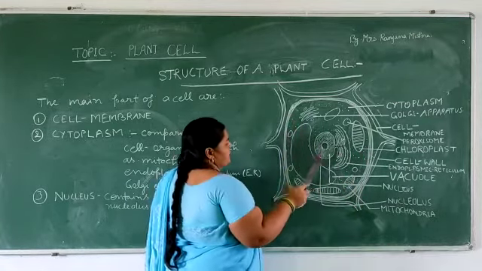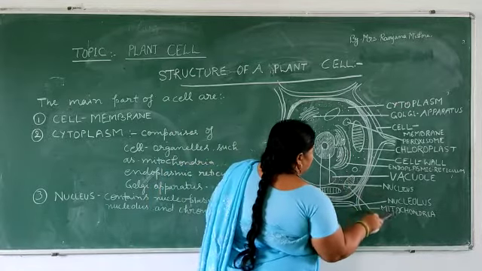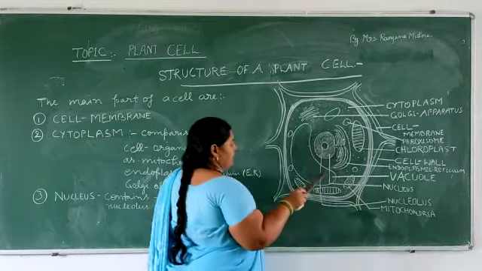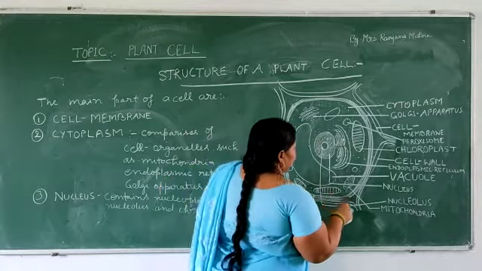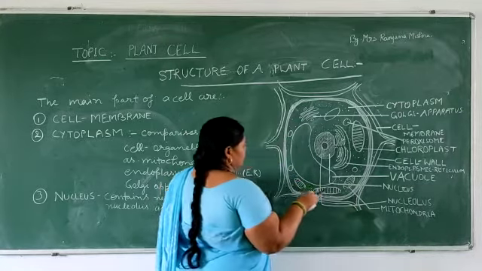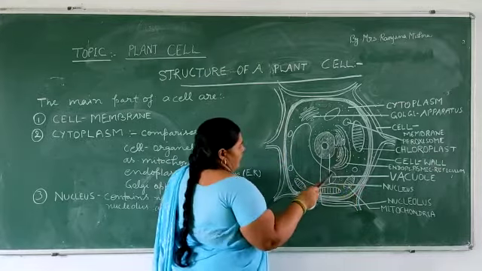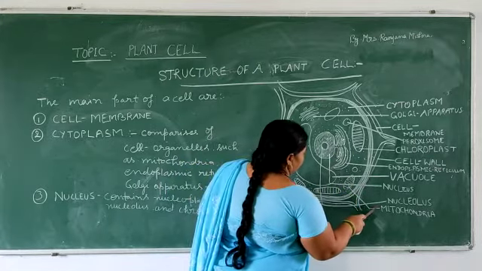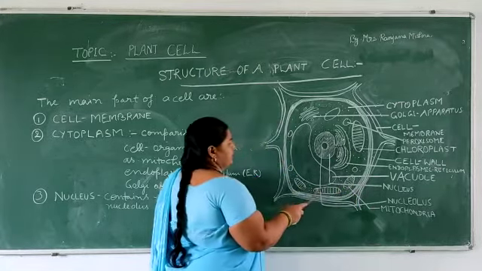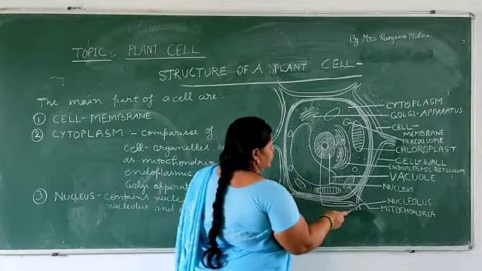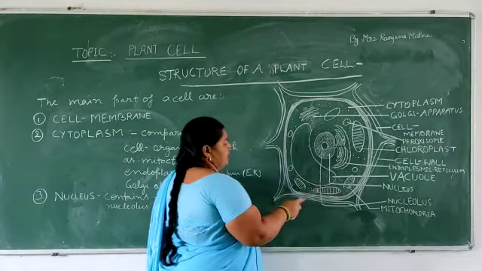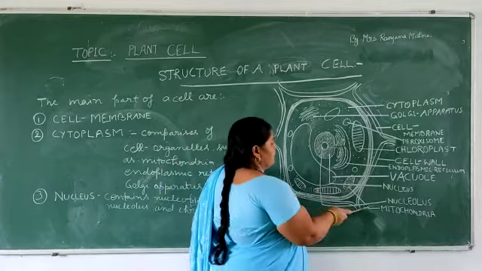That means the mitochondria is also known as powerhouse of the cell, chloroplast is the kitchen of the cell, nucleus is the center of the cell, and the mitochondria converted the ADP into ATP, means adenosine diphosphate into adenosine triphosphate.